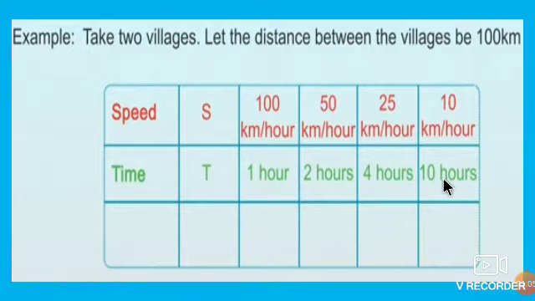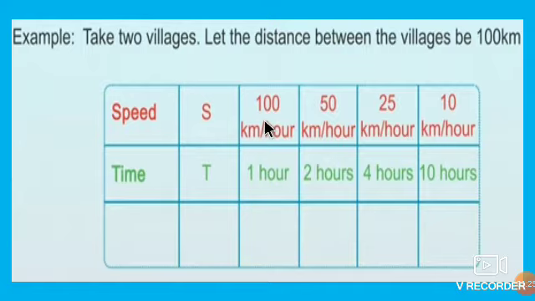So if you observe this table carefully, as the speed decreases from 100 to 50, 50 to 25 and 25 to 10, the time required increases from 1 to 2 hours, 2 to 4 hours and 4 to 10 hours.